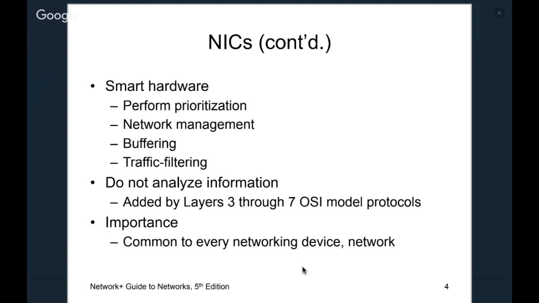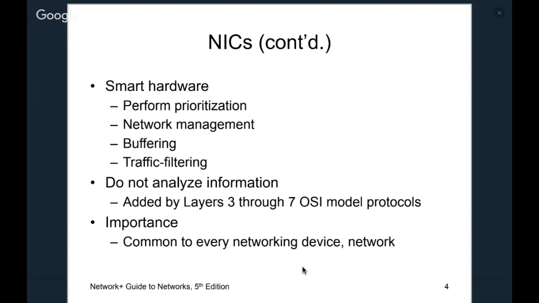NICs are a smart device in that they have built-in network management and buffering for the network that it's on, traffic monitoring as well, and traffic filtering. It does not analyze traffic. That falls upon layer 3 of the OSI, kind of like your network sniffers do, that we cover in PCT110 and in Cisco to determine malware and anomalies on a network.